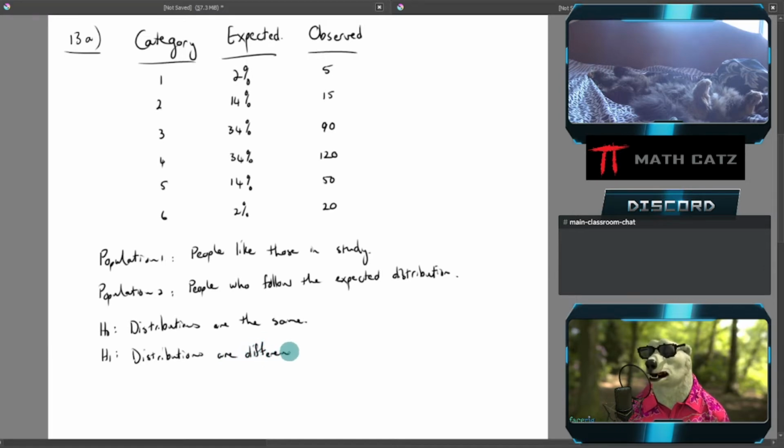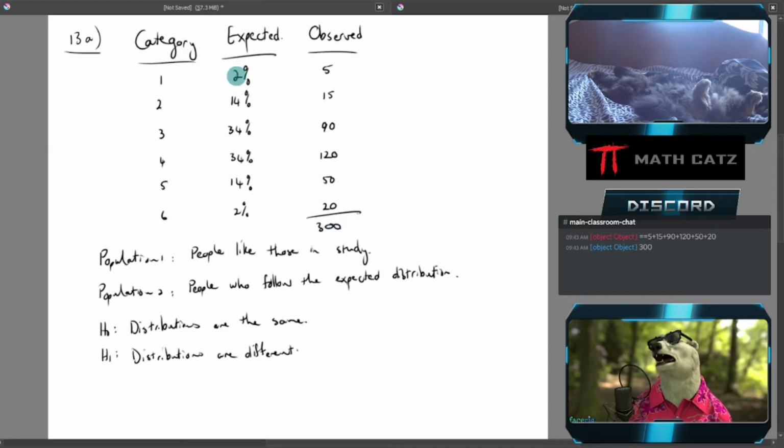So just because we look at the observed and see, well, if I add these up, let's add these up, see what we get, show it in the chat. So we have something to look at. I'm adding 90 and 120 and 50 and 20, and I get a nice convenient 300.